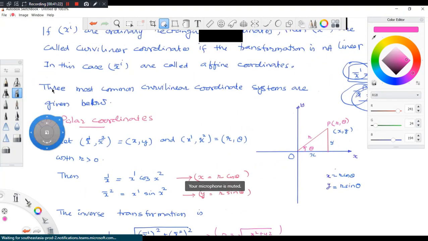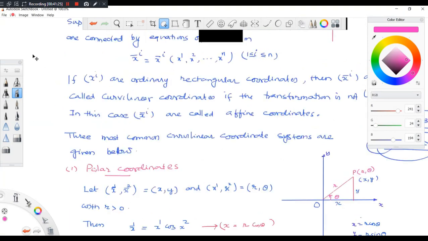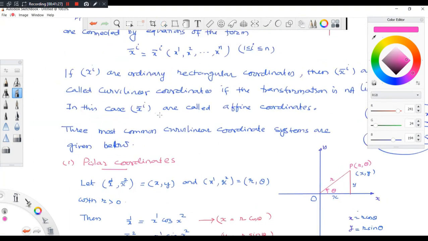It is quite clear. Look at this part. If x bar i are ordinary rectangular coordinates, like x and y, then x bar i are functions of these rectangular coordinates x1, x2, etc., xn. Then the x bar i's are called the affine coordinates.